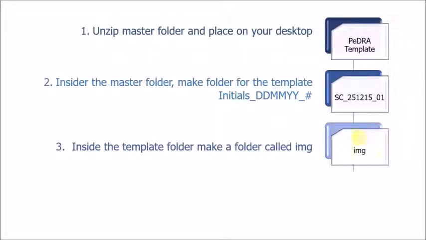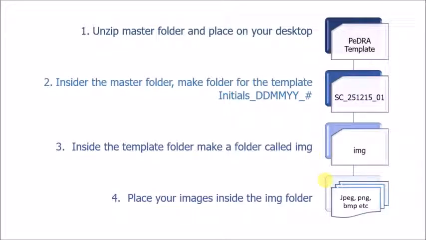Once you've created this image folder, IMG, inside the template folder, now is also the time to drag and drop all of these image files into this IMG folder. This concludes the preparation before you need to start filling in the template.